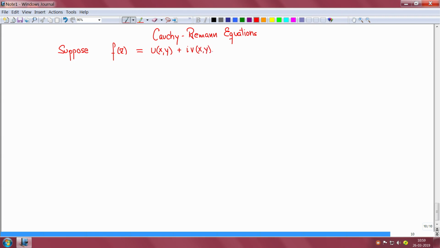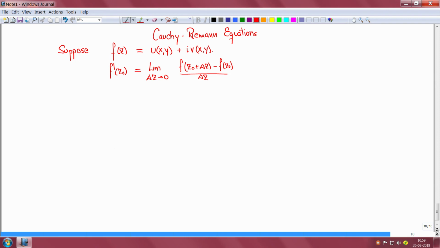Okay. And now we define the derivative f dash of z0 at a point as the limit delta z tending to 0 of f of z0 plus delta z minus f of z0, divided by delta z.